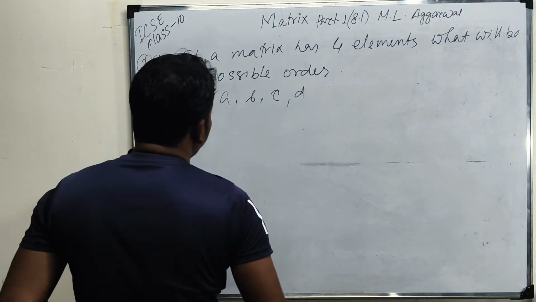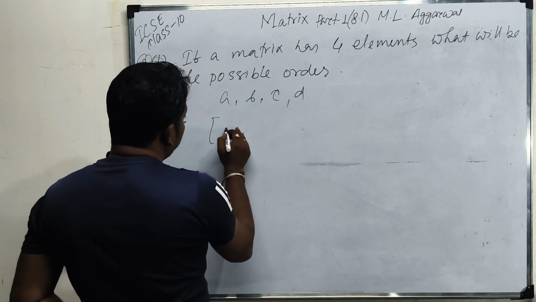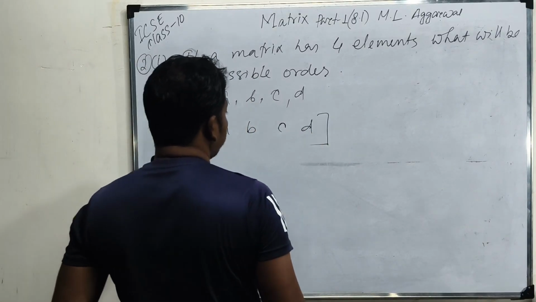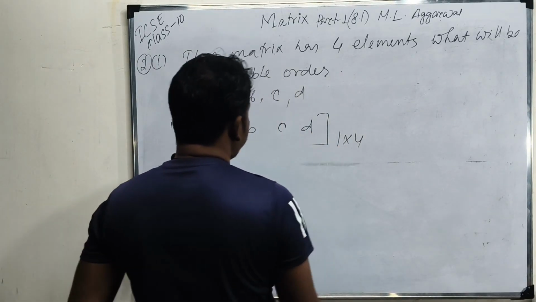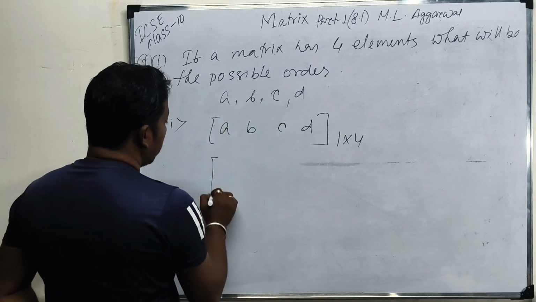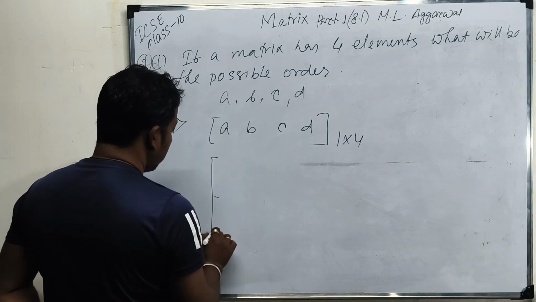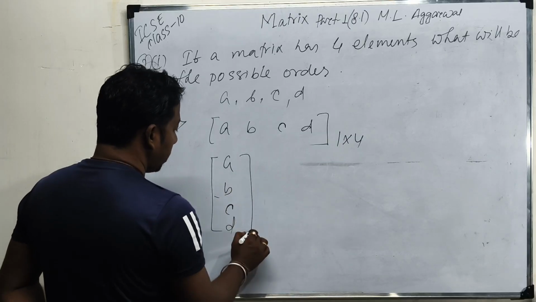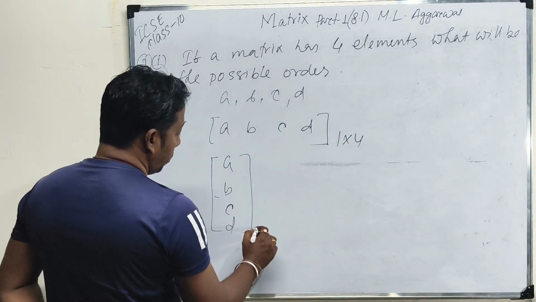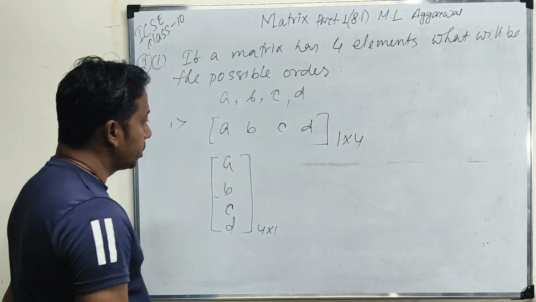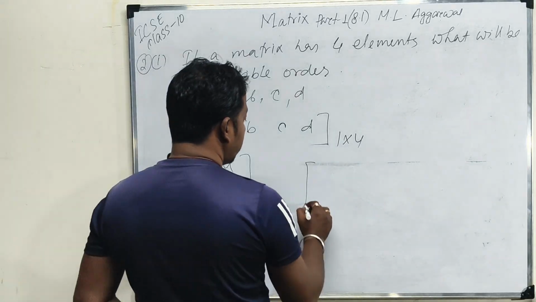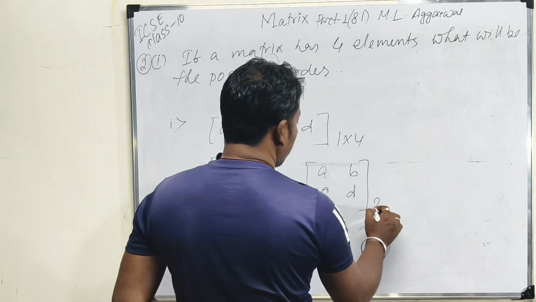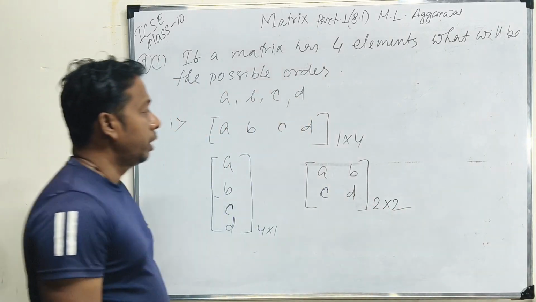Number 1, we can write the matrix A, B, C, D as a 1 into 4 matrix, or you can write A, B, C, D as a 4 into 1 matrix, or we can write A, B, C, D as a 2 cross 2 matrix.